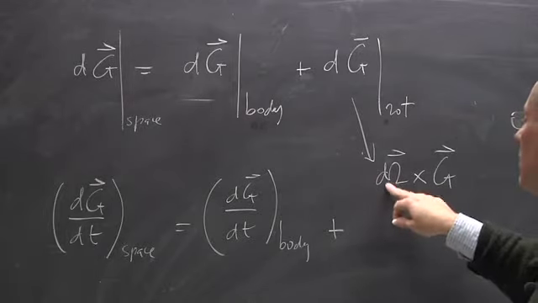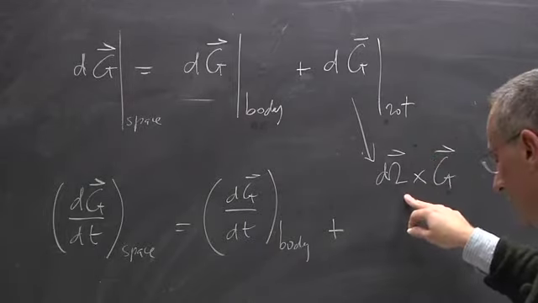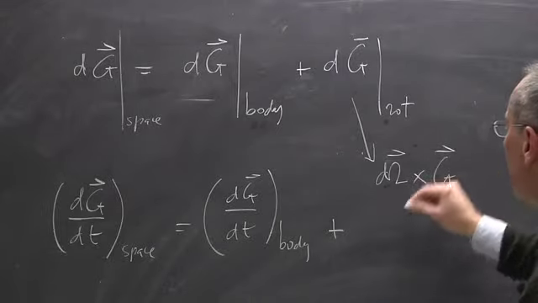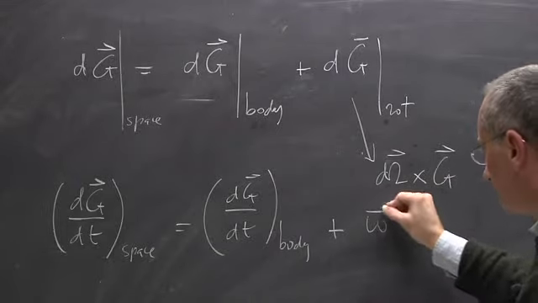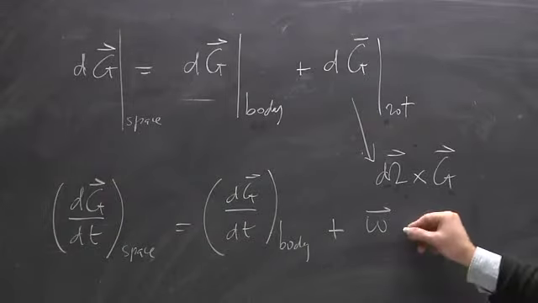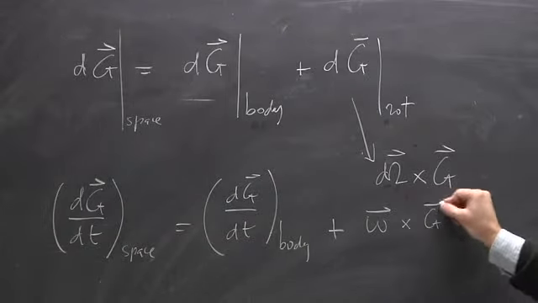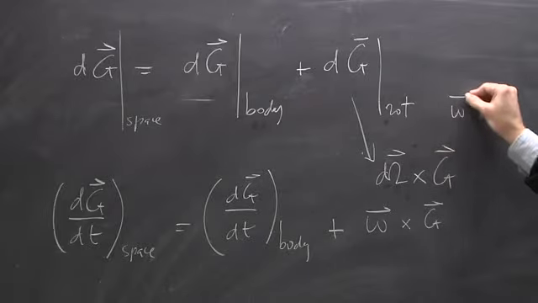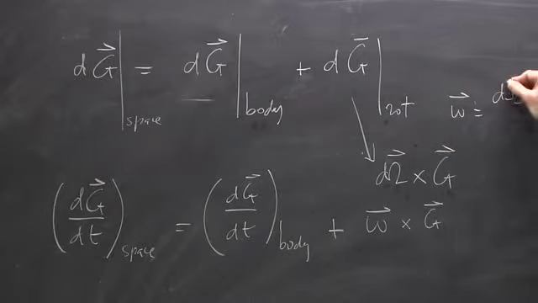So I have here d omega dt, where d omega is the change in angle in time. This is the angular velocity that usually is called omega. So in other words, omega is d omega dt.